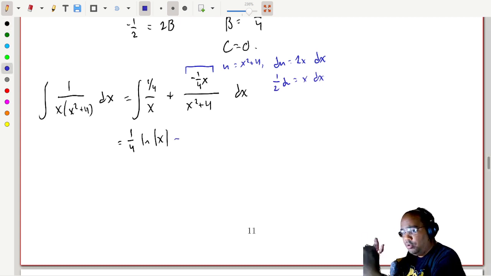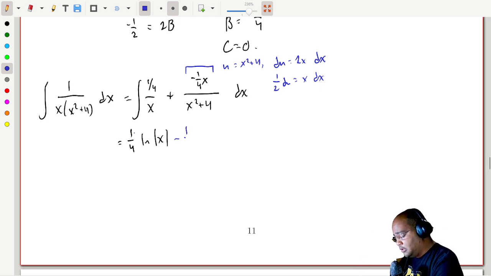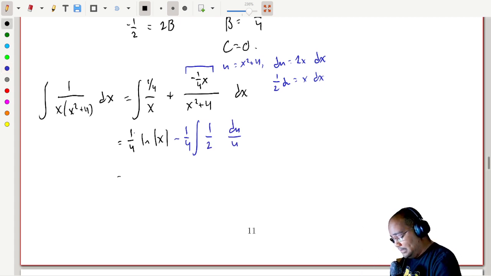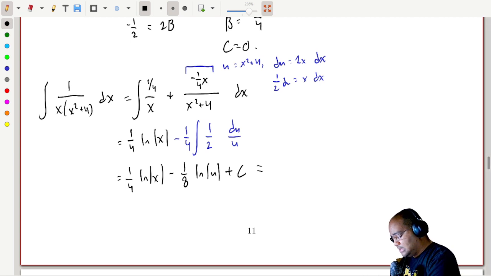And folks, that's the second integral, which I'll keep in that same color. If I pull the minus 1/4 out, I get minus 1/4 times the integral of, well, x dx is 1/2 du, so 1/2 du over u. And folks, our base integral again. If we finish out the work here, we'll have a minus 1/8 natural log of absolute u plus a constant.